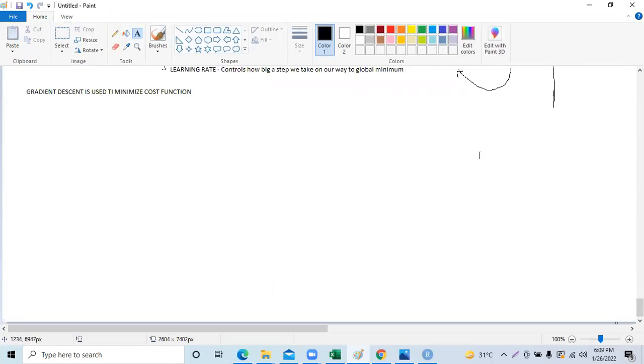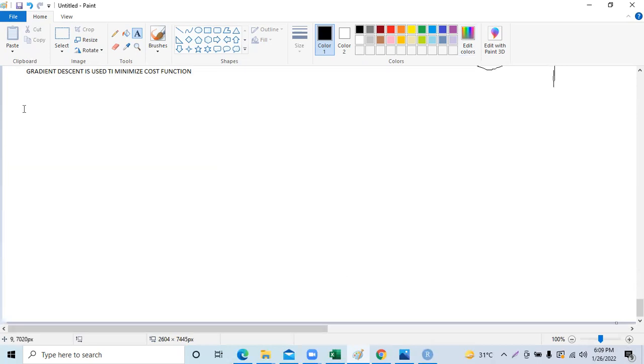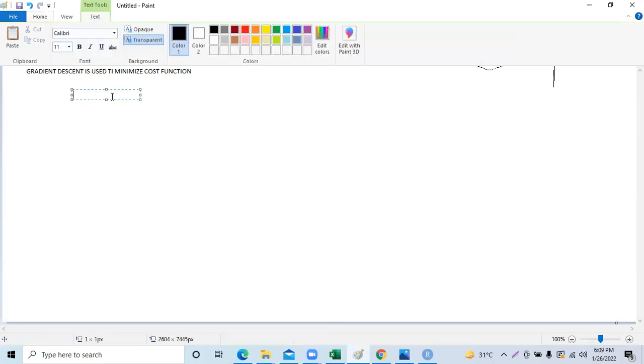Let's take a very simple example now. This class, I think, will be divided into two. It's used to minimize cost function. So let's minimize the cost function for just one parameter once again, just so that we can understand it.